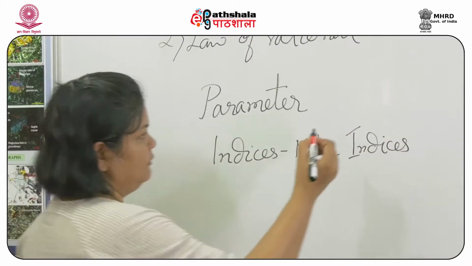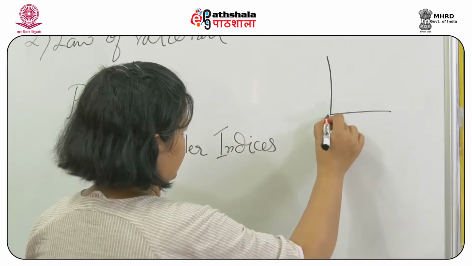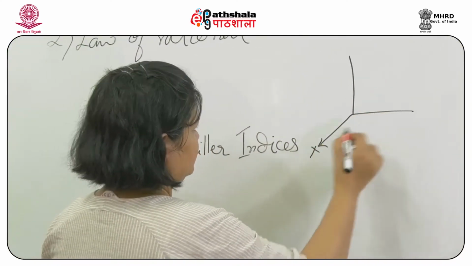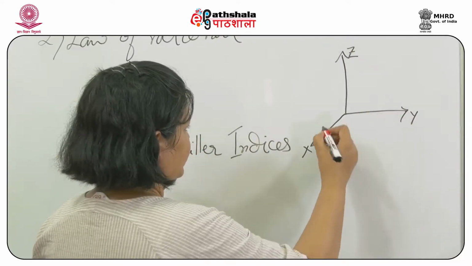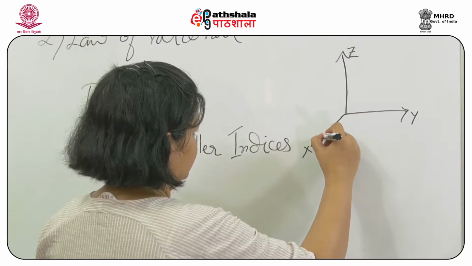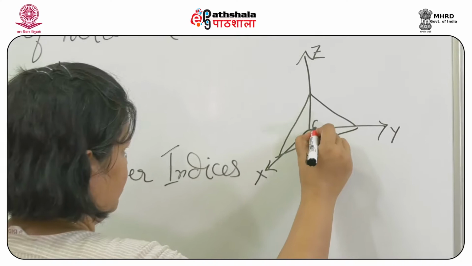So here, say for instance, we have three crystallographic axes, X, Y, and Z, and we have two crystal faces. The first one is this. This is the O, the origin.